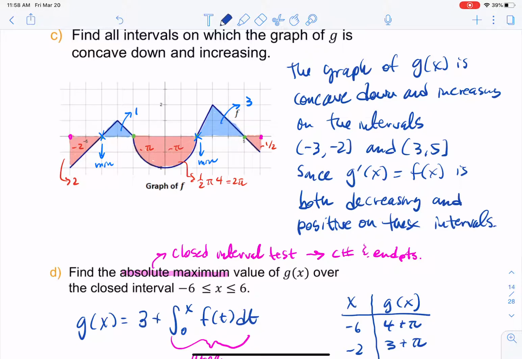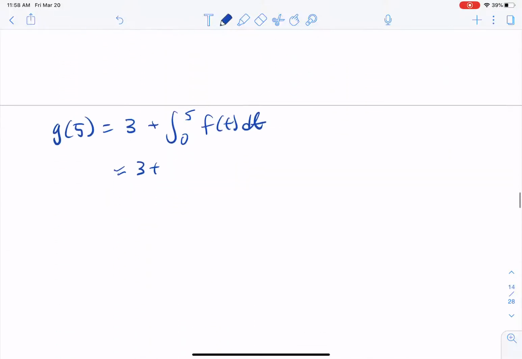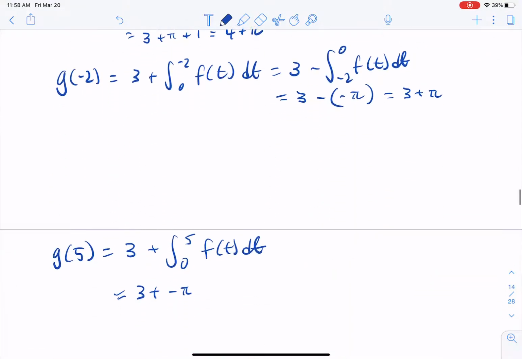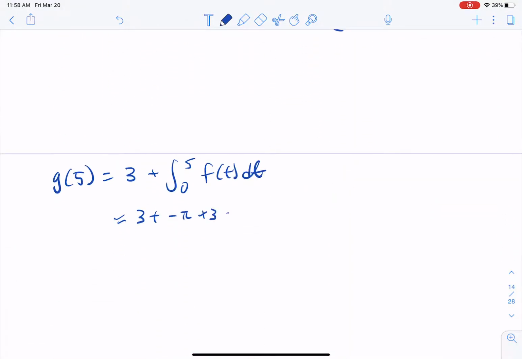So we're going from 0 all the way up to the 5. That's going to be the -pi here and the +3 right there. A -pi, what did I say the other one was? 3. Plus 3, which is equal to 6 minus pi. 6 minus pi.